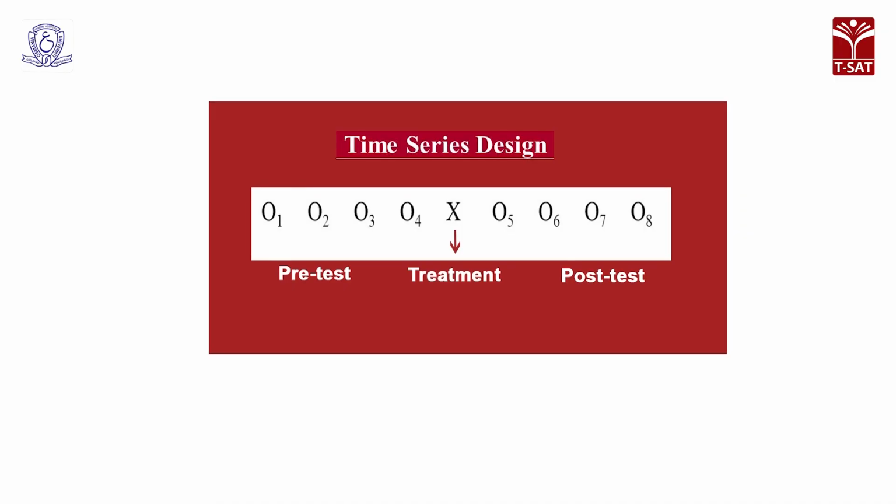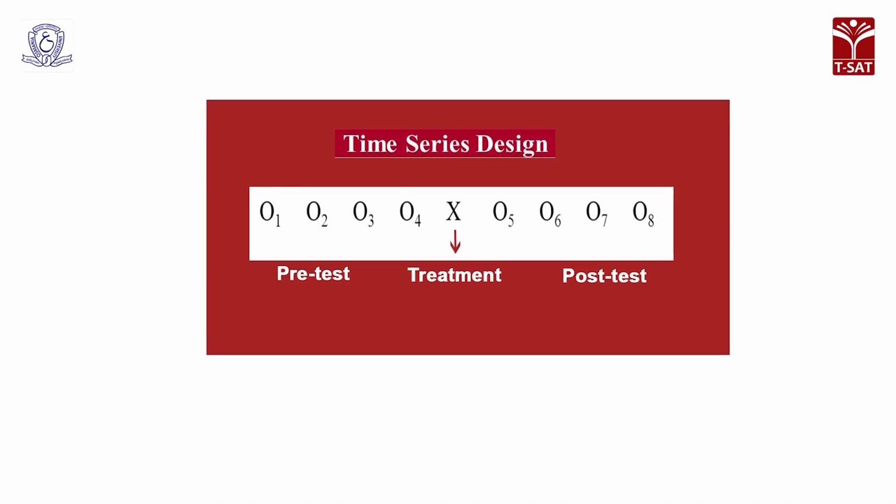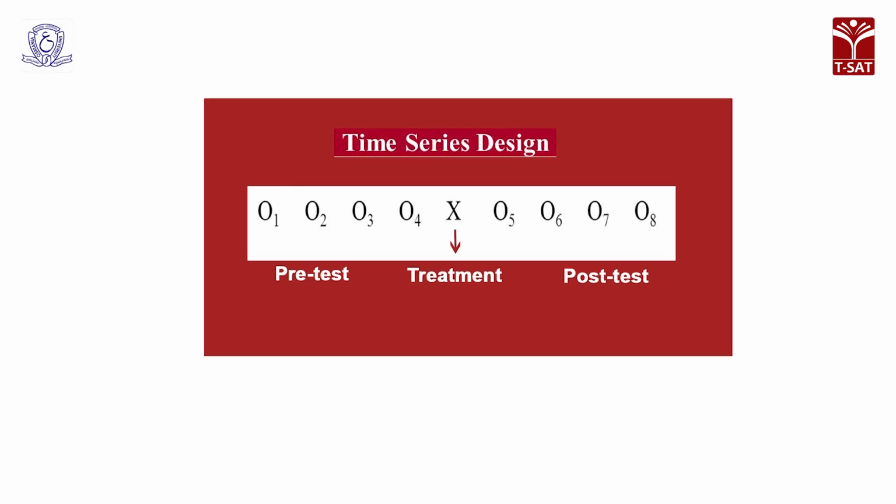If a specific treatment is introduced in an institution to study the change in attitude or achievement, it is useful to study the trend through measurement at certain intervals before the introduction of the treatment. Instead of a one-time pretest, the test is repeated three or four times before the treatment is administered. This generates data on the trend of behavior.